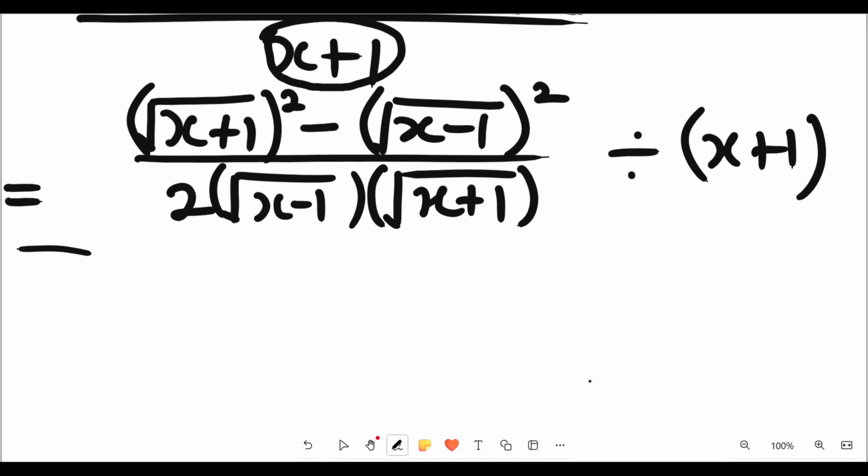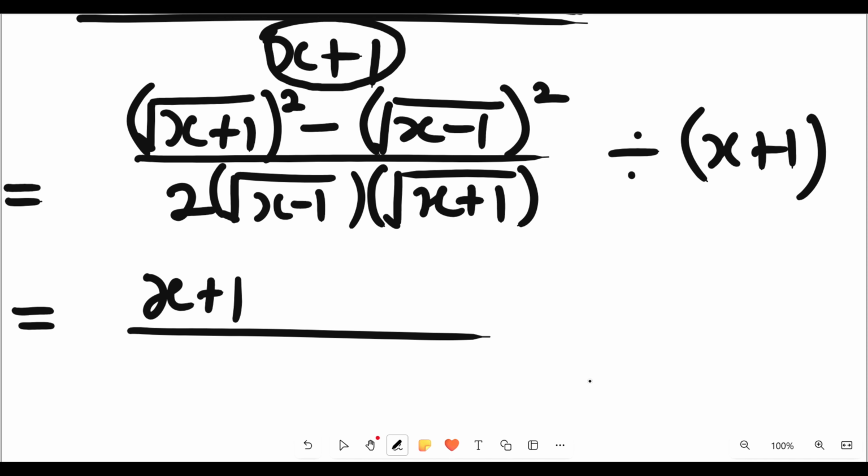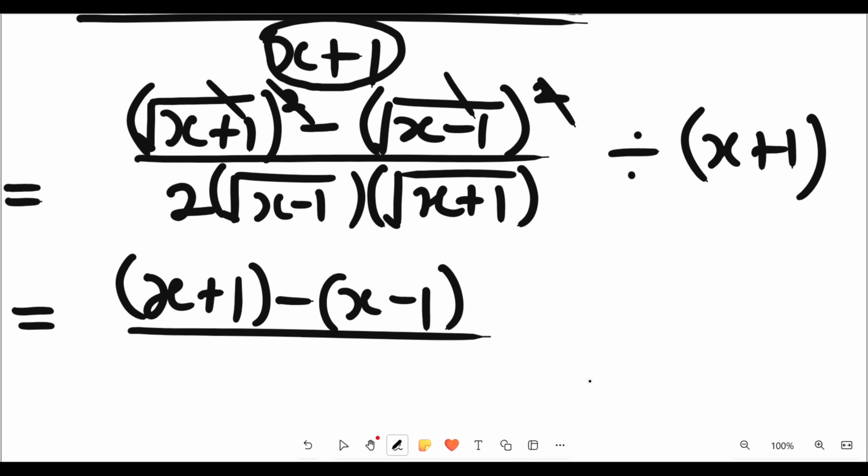So let us work on the numerator. Let's continue to simplify the numerator. So here will be x plus 1, because the square cancels the square root. Then we have minus, and the square here cancels the square root, so bracket open x minus 1, close it nicely.